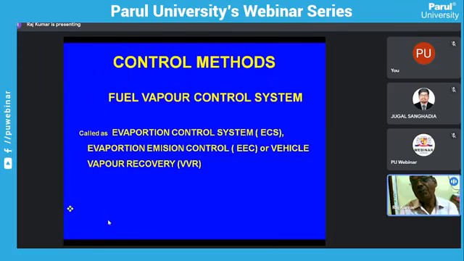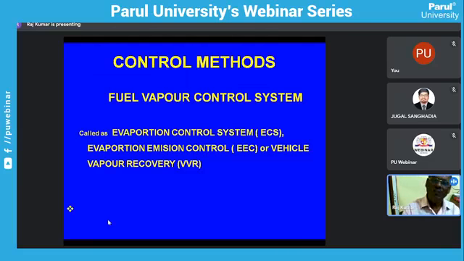Now the fuel vapor control system. Definitely there is fuel vapor in the tank and in the carburetor. If the fuel vapor, which also contains hydrocarbon, goes into the atmosphere, it will pollute, first.